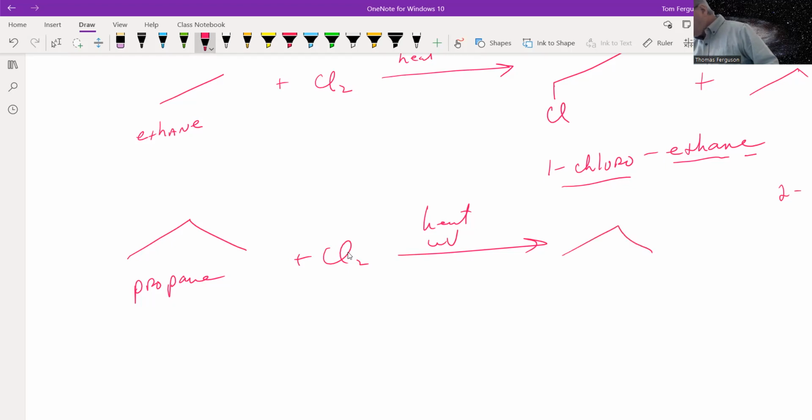Because this one does not look like this one. So we have to name them. This would be 1-chloropropane, 2-chloropropane.